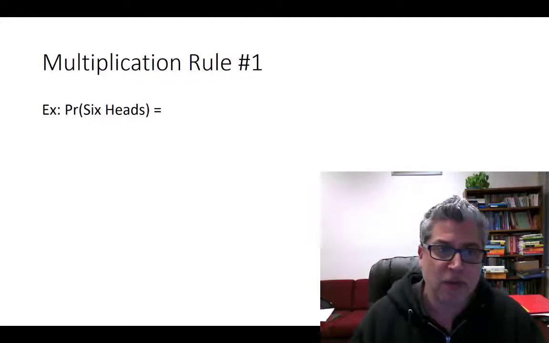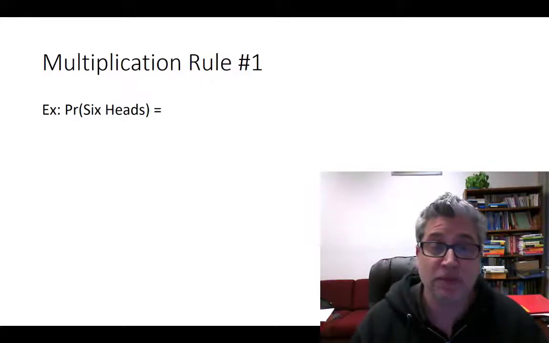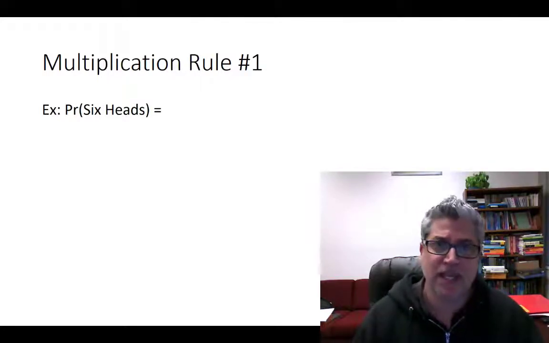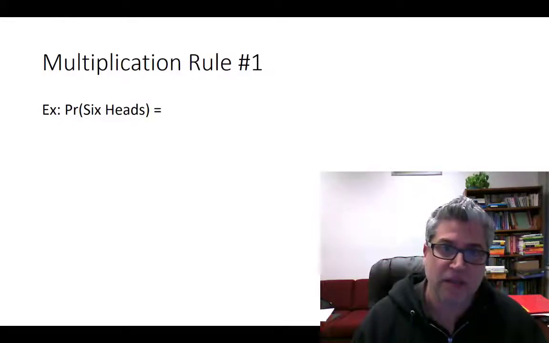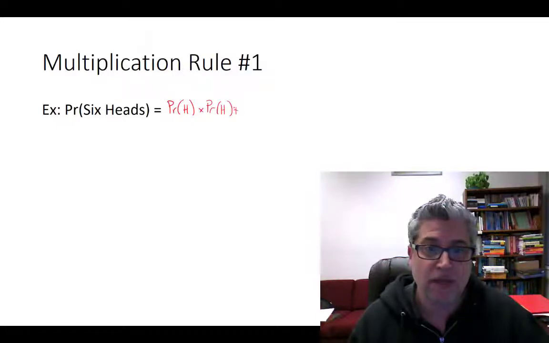What's the probability that we would have 6 heads in a row? Like we just flip 6 coins, or the same one coin 6 times. What's the probability of 6 heads? Well, each of these flips is independent. So the probability of 6 heads is the probability of the first head times the probability of the second head times the probability of the third, times all the way down.